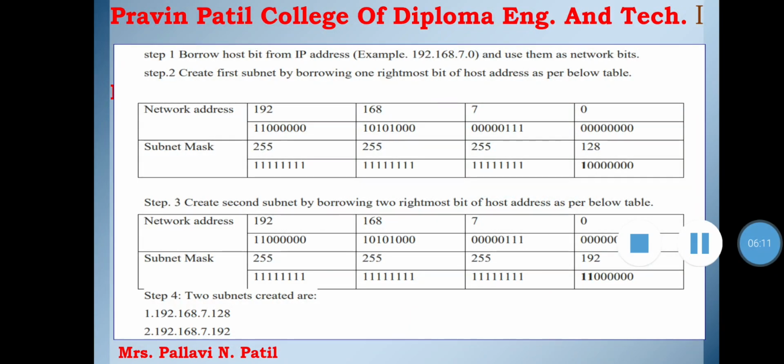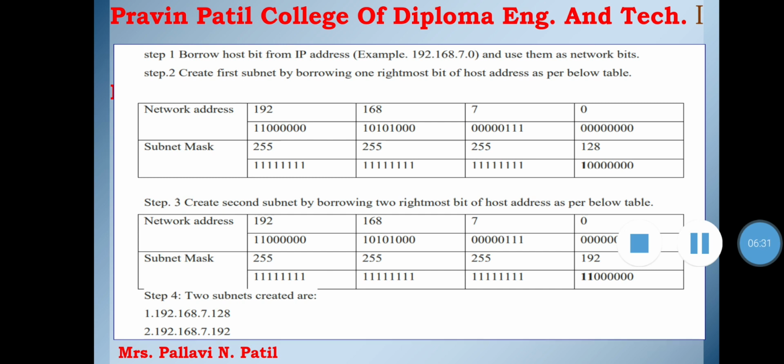And these are the steps to create the subnet mask. Step one: borrow host bits from the IP address, for example 192.168.7.0, and use them as network bits.